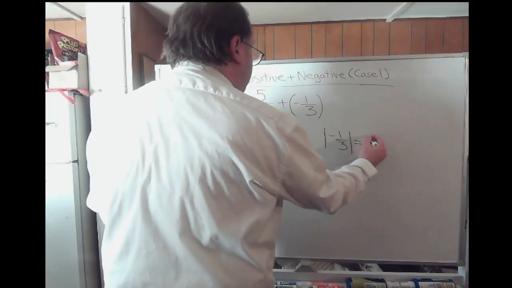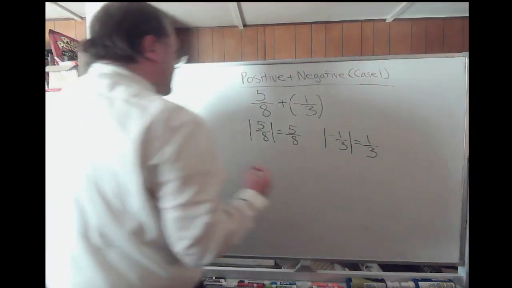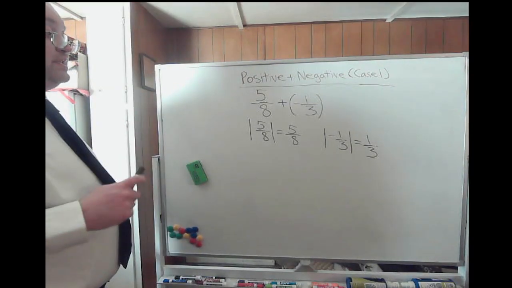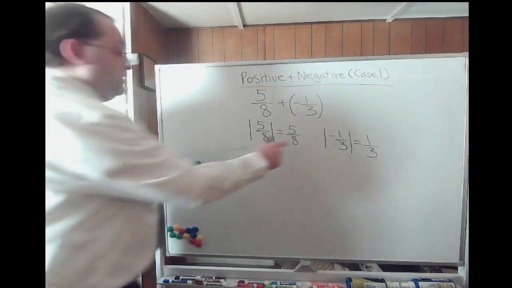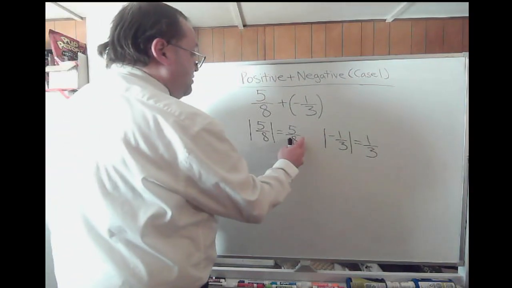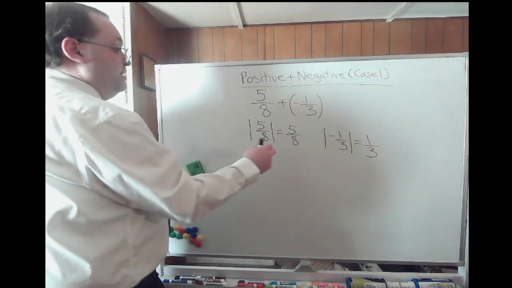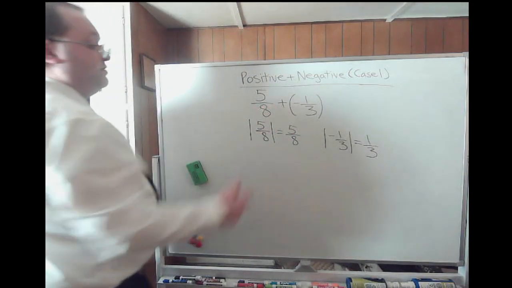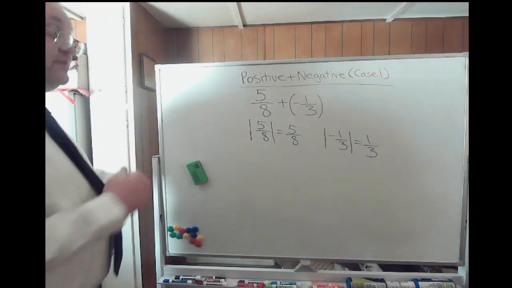Well, that would equal positive 1/3. So we got to determine which one's bigger. Definitely the 5/8. And sticking to true fashion, if the bigger number's absolute value is positive in the original equation, you're going to get a positive answer.